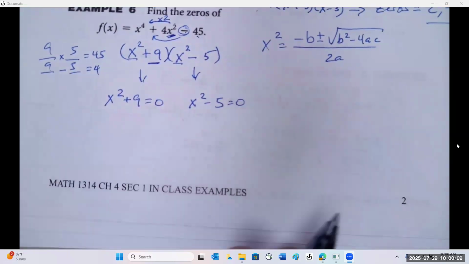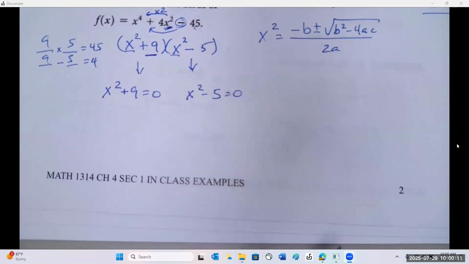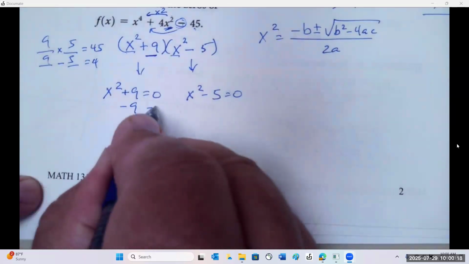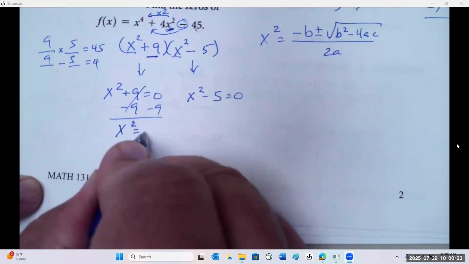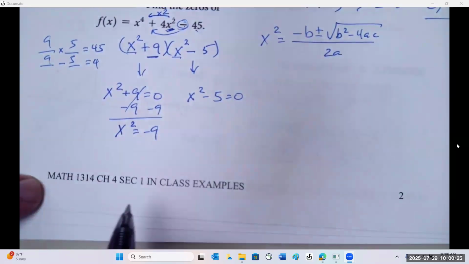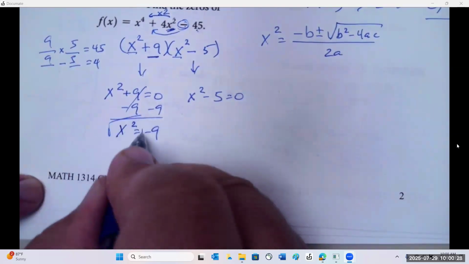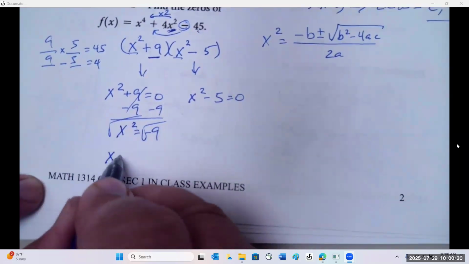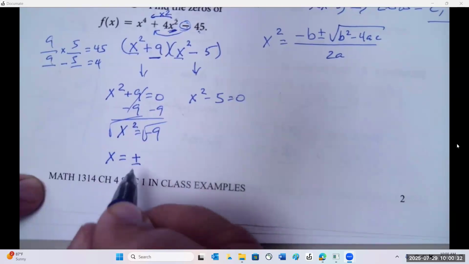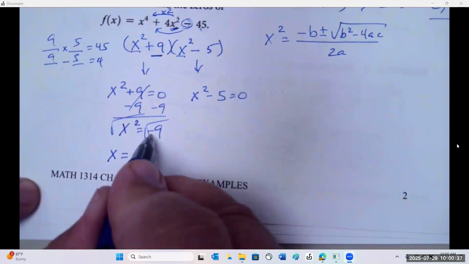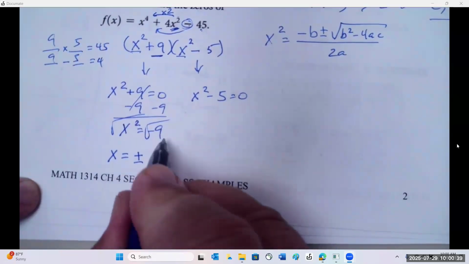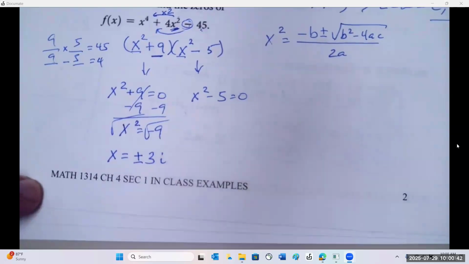How do you solve these? Move the first one, subtract 9 from both sides. So we have x squared equals negative 9. How do you solve for x? Square root both sides. So x is equal to plus or minus, it's got a negative in there, so it's an i, square root of 9 is 3.